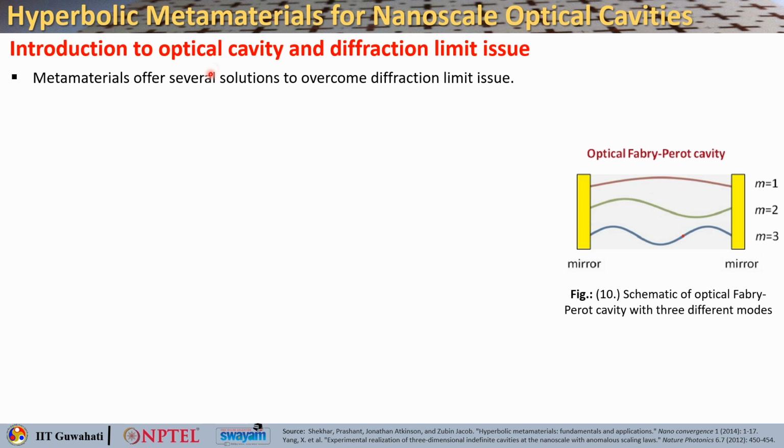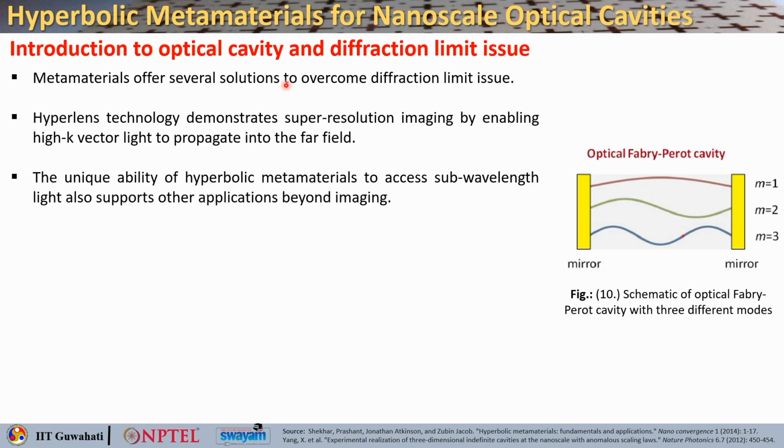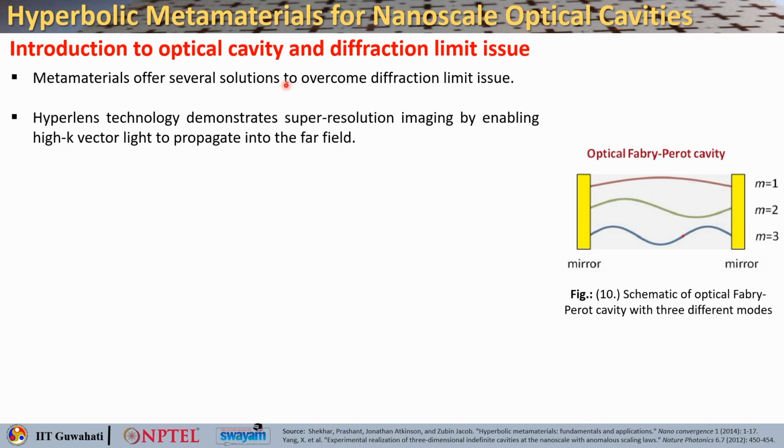Normally, metamaterials can offer several solutions to overcome the diffraction limit issue. The first is that hyperlens technology could demonstrate super resolution imaging, and we understood well by now that it enables high k vectors to propagate light and take it into the far field.